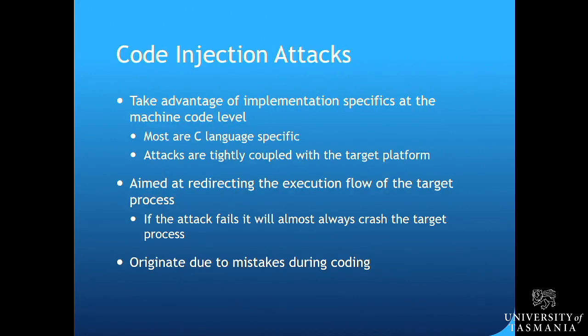Code injection attacks. This is about thinking about, well, we've got a vulnerability in a more classical context. Maybe it's on a web server. And that vulnerability is if it receives certain inputs, it doesn't quite know how to deal with them. The classic example of this might be a buffer overflow.